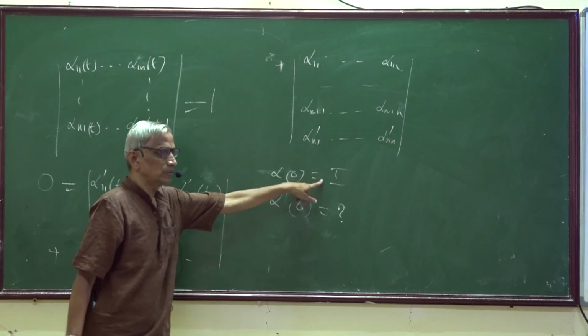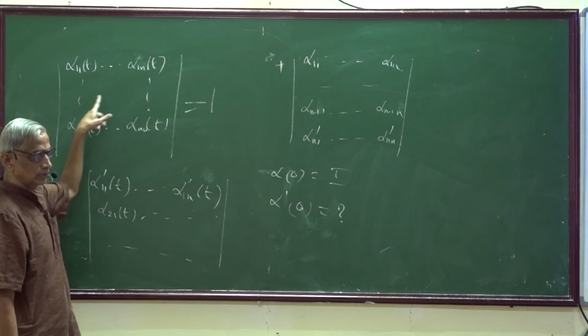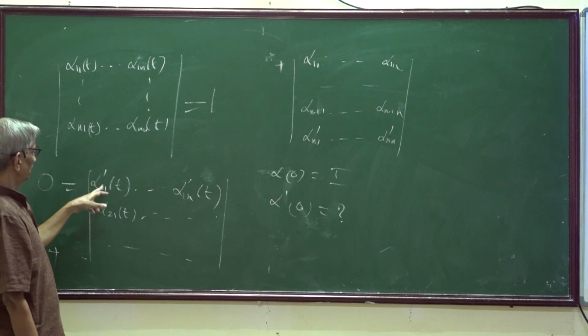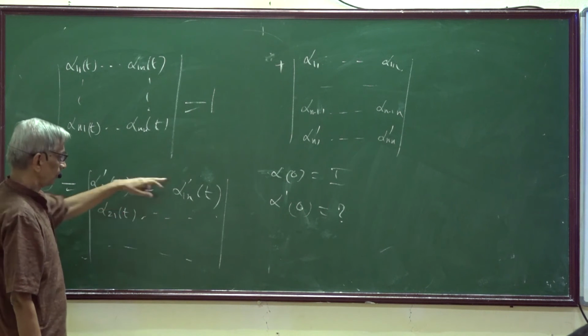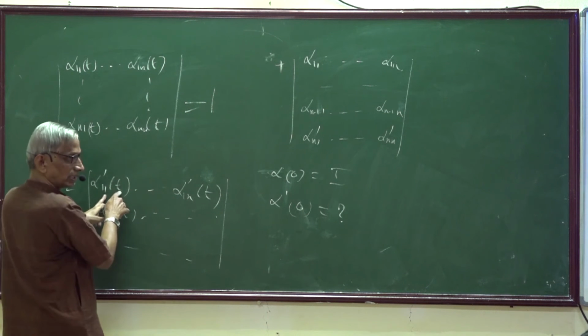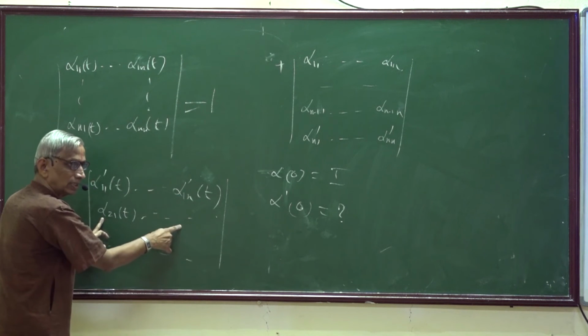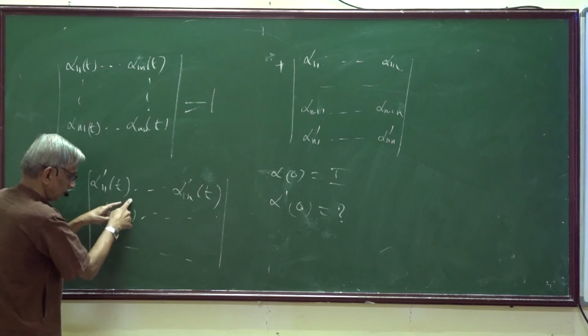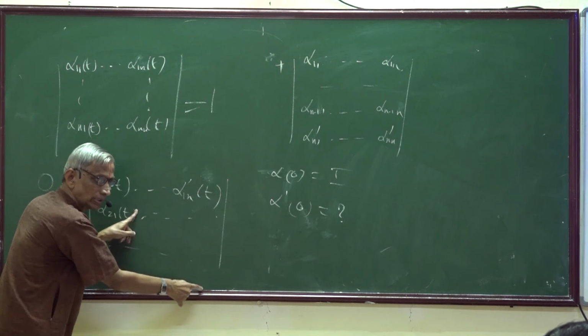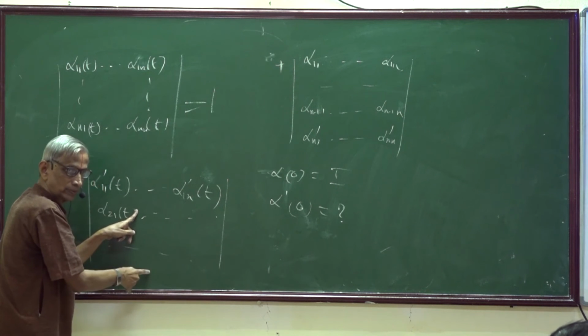If you evaluate this at 0, what are you going to get? The first row is something, each evaluated at 0, but what about the other terms here? The diagonal terms are all going to be 1, all other terms are going to be 0.